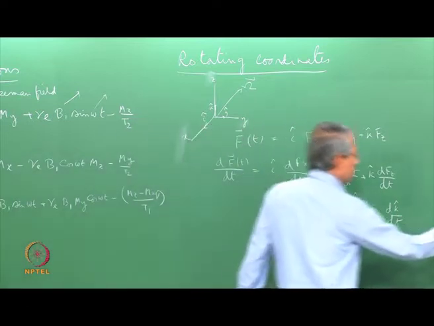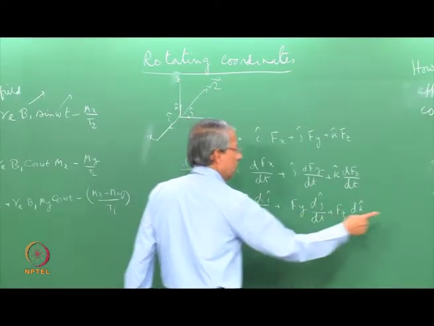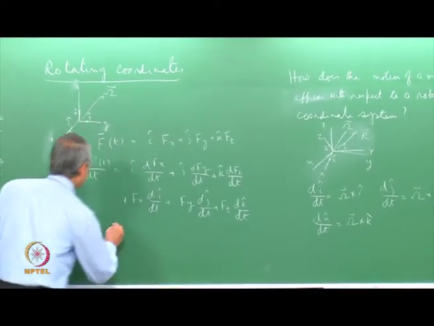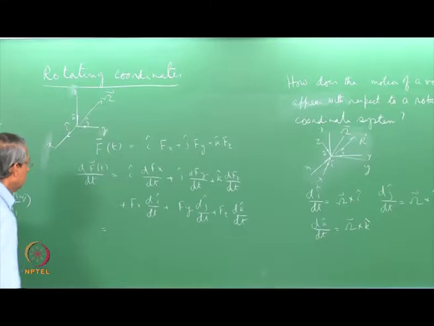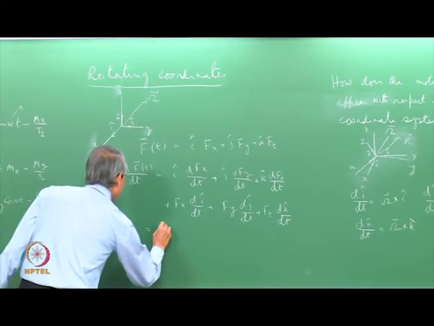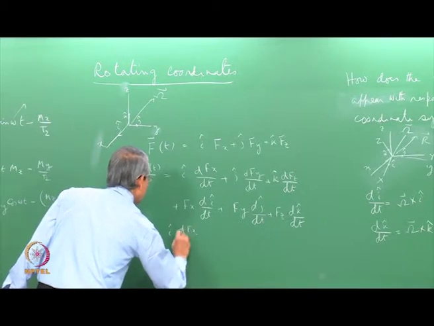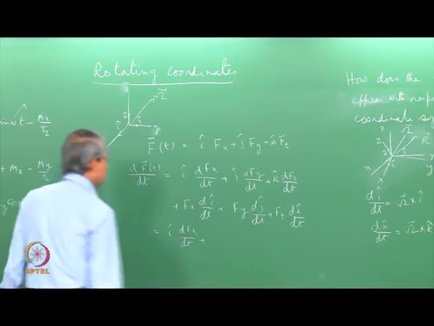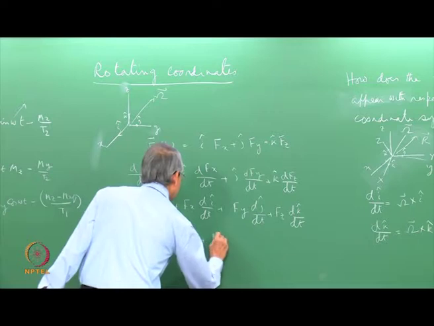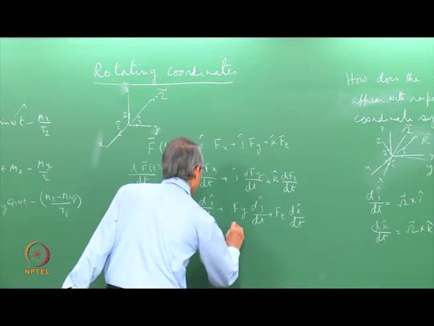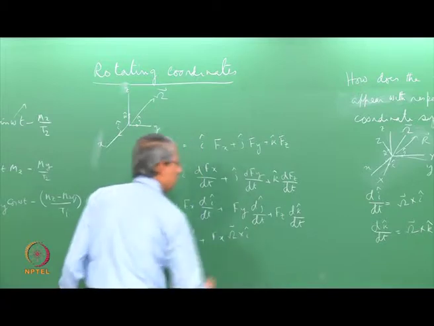Now, I already got this relationship in terms of the angular velocity vector omega. So, if I write this here, this will look like i dfx by dt plus here fx times omega cross i, and similarly for the other terms.